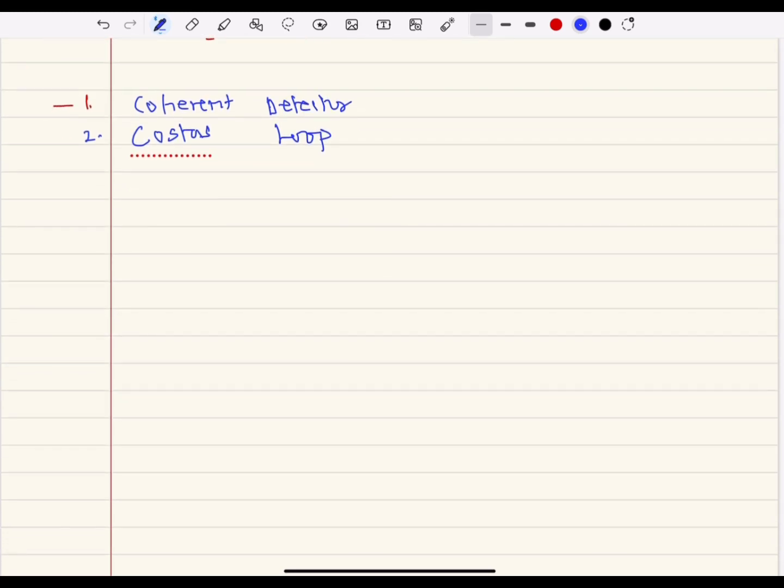Now let's look at the coherent detector. In the coherent detector, we use a local oscillator to produce our carrier frequency wave, and we assume that we have the modulated signal S of t.